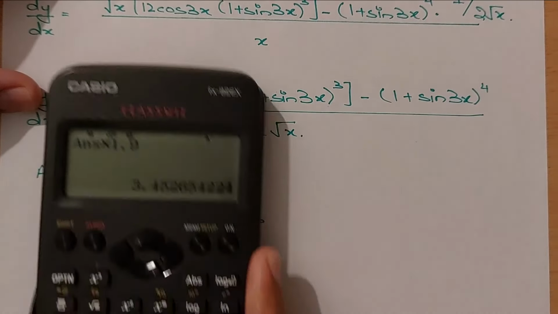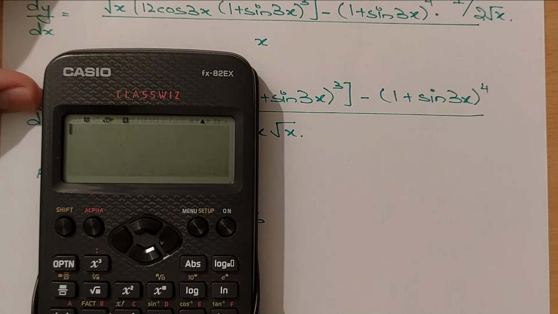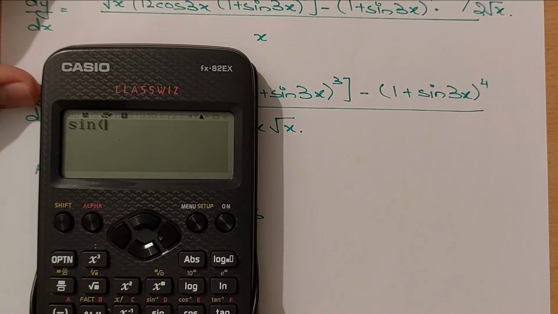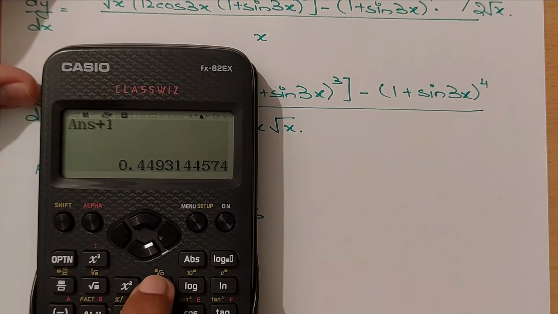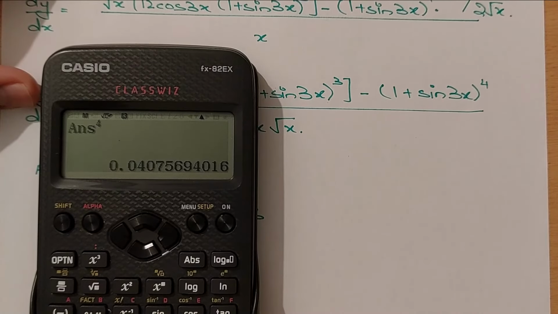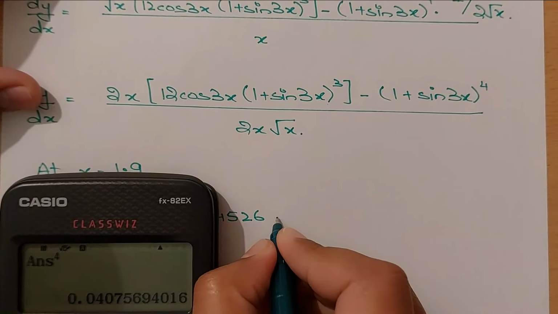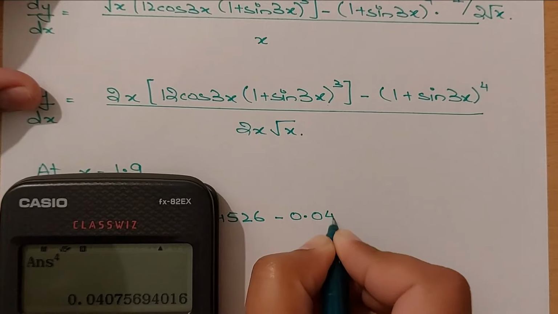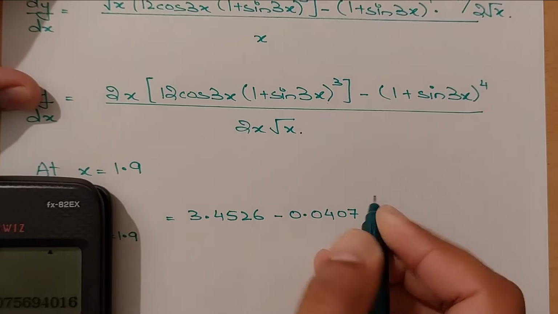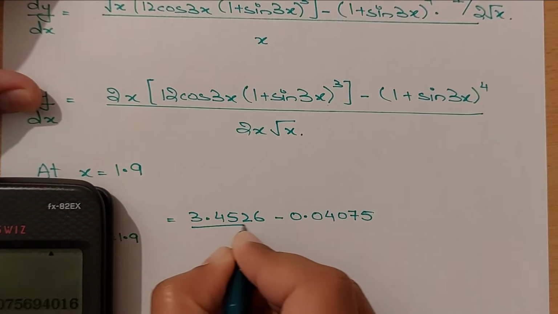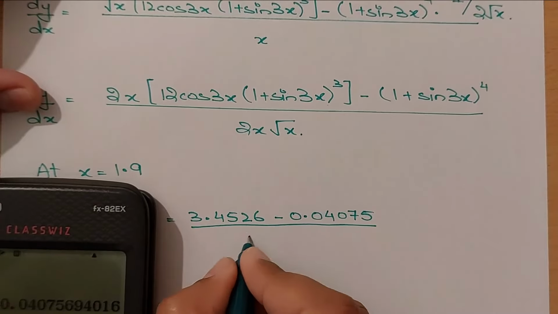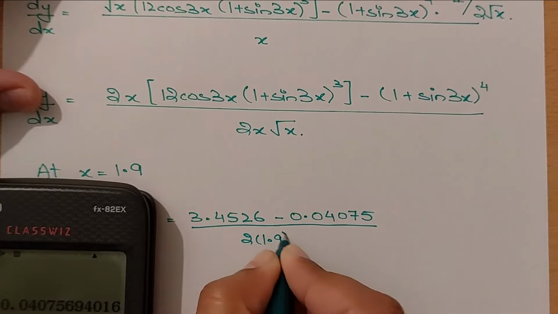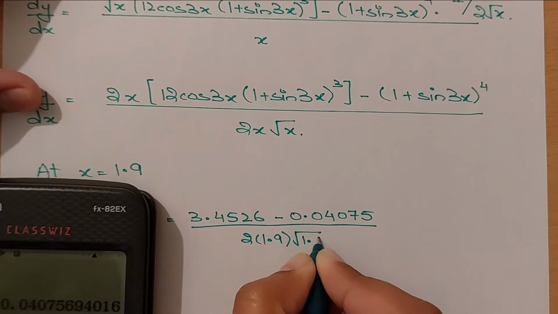3.4526, and then we have sine 5.7 plus 1 exponent 4, this, minus 0.0407, and then divided by 2 times 1.9 times square root of 1.9.